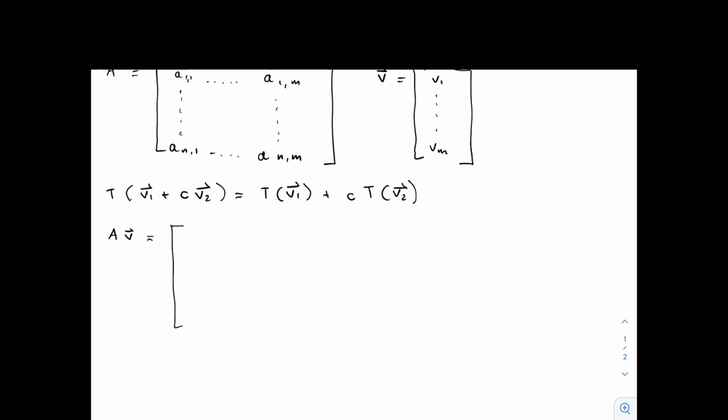It's the first row of A dot v, right? Where this is the dot product. And similarly, you keep going down until you get to the nth row of A dot product with our vector v.